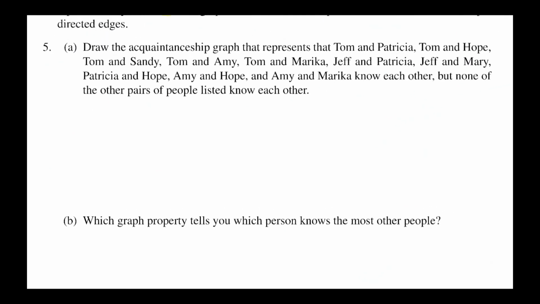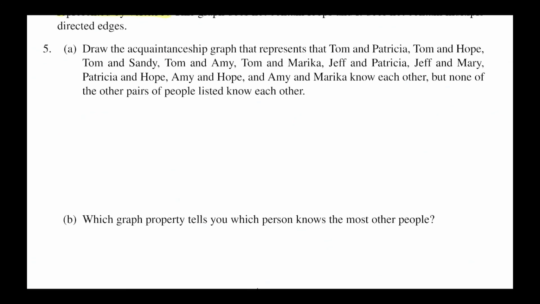So let's try to draw a couple of these graphs. We've got an acquaintanceship graph here. It represents Tom and Patricia, Hope and Sandy and Amy. Lots of people here. So let's just start drawing them. Again, if you don't know how to draw it, start drawing your vertices in a circle. Every person is a vertex. So you have Tom, just going down the list. Patricia.